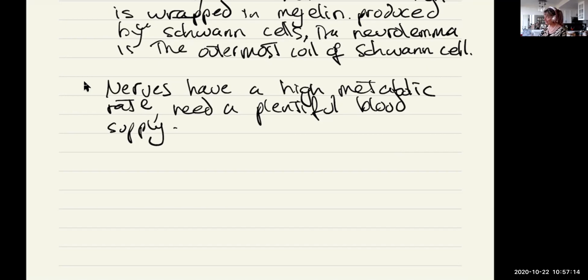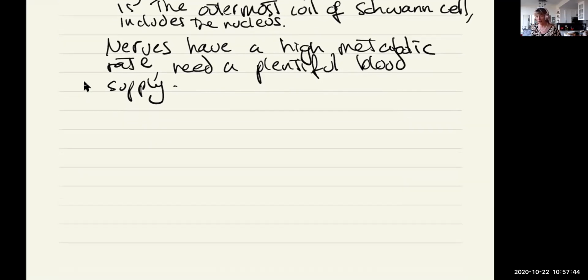So the outermost layer, that's a good point, the outermost coil of the Schwann cell includes the nucleus. So it remains as part of the myelin sheath, the very outermost layer. Okay, moving on.